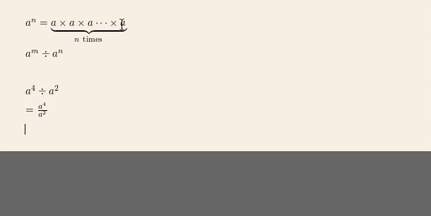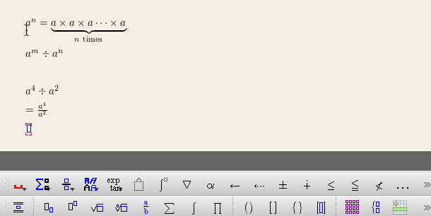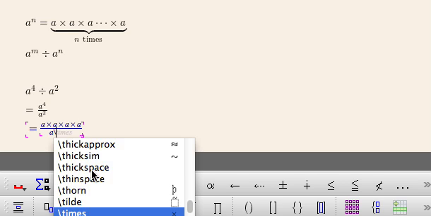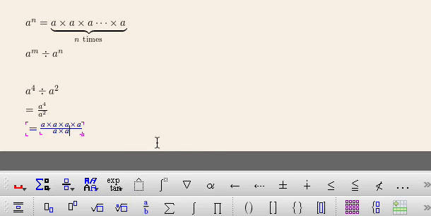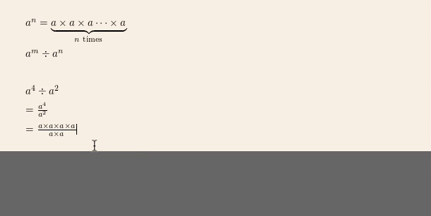Could we simplify this further? Yes. Using the definition of a to the power of n, this is equal to a fraction with a times a times a times a divided by a times a. So what is this equal to?